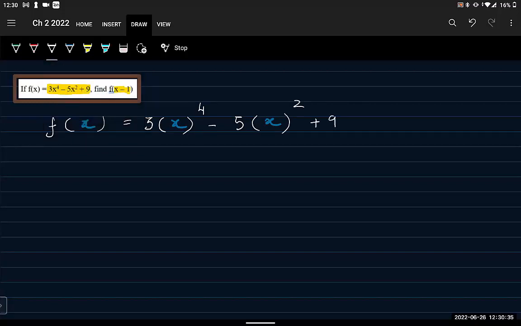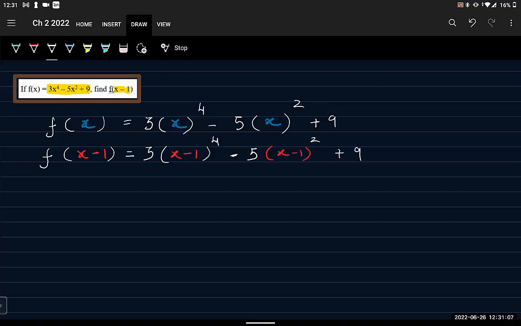Now instead of x, we have to find the value of f of x minus 1. So wherever we have x, we will now substitute x minus 1. So 3 into x raised to 4, instead of that I will write 3 into x minus 1 raised to 4. Then minus 5 times x square, instead of that I will write x minus 1 whole square.